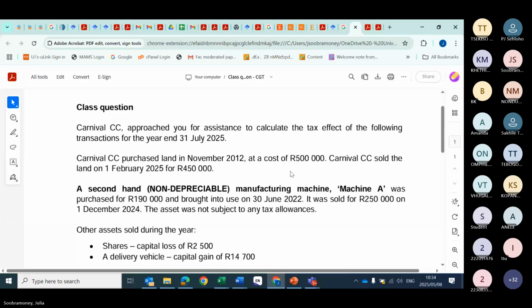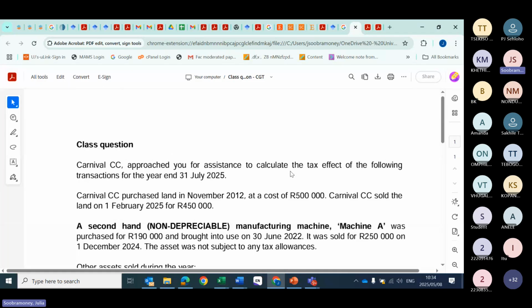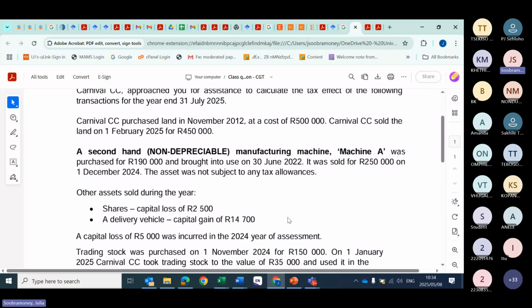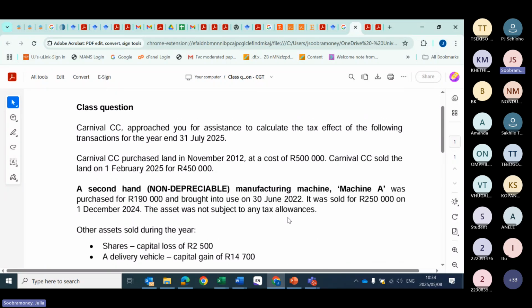Right. Okay, guys, so let's read here. Carnival approached you for assistance to calculate the tax effect of the following transactions for the year end 31 July 2025. So immediately, what do you do? Write down your timeline. So my year is going to start on the 1st of August 2024, and it's going to end on the 31st of July 2025.